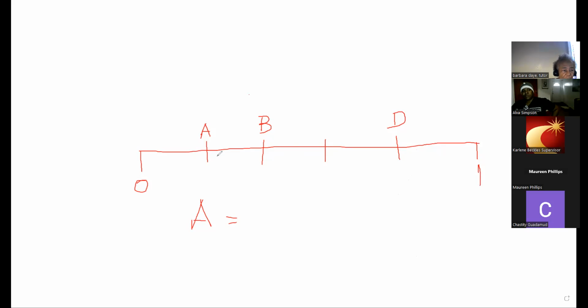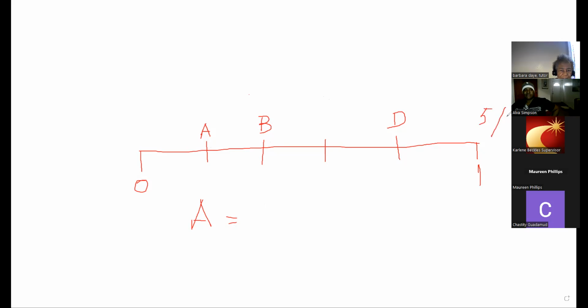So what would be the value of A as a fraction? 4. No, it's in fifths. So 1/5, 2/5, 3/5, 4/5, 5/5. See, this is 5/5 right here, right?